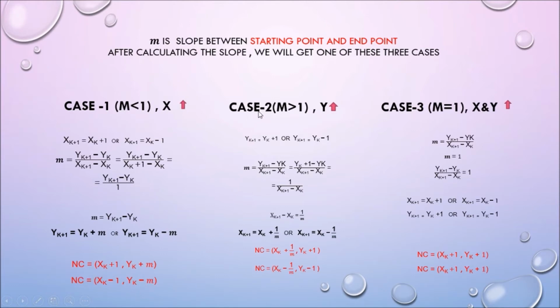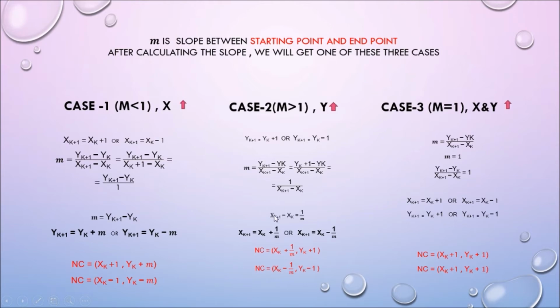Now let's turn to the second case, when slope is more than 1. If slope is more than 1, it means changes in the value of y are more than changes in the value of x. So y will change with unit interval. The next coordinate of y will be the current coordinate of y plus 1. Again, we will put this value in our formula instead of yk plus 1, and we will get 1 here.